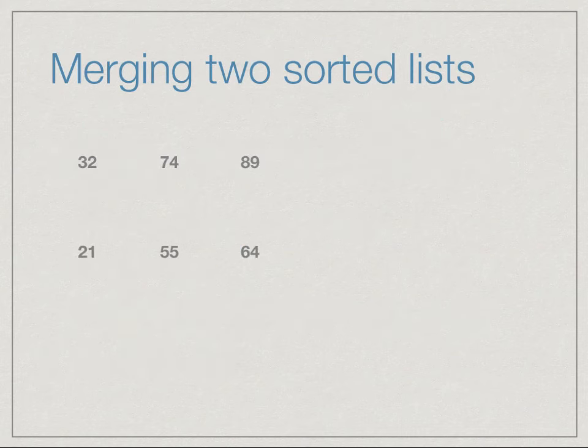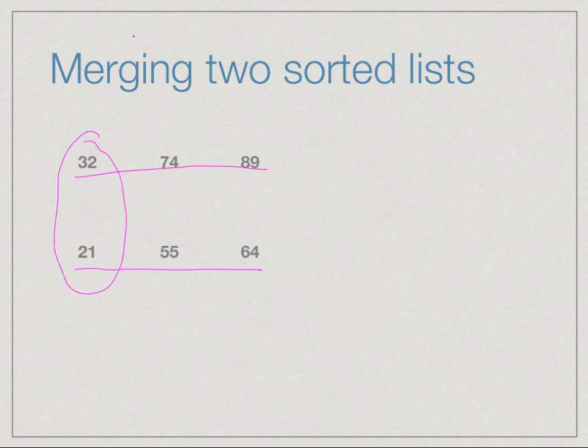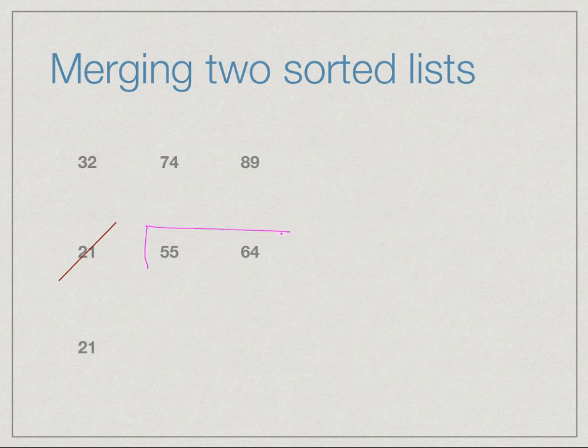So let's examine how this would work in a simple example. We have two sorted lists, 32, 74, 89 and 21, 55, 64. We start from the left and we examine these two elements initially and pick the smaller of the two, because we are sorting in ascending order. So we pick the smaller of the two, that's 21, and now the second list has reduced to two elements.